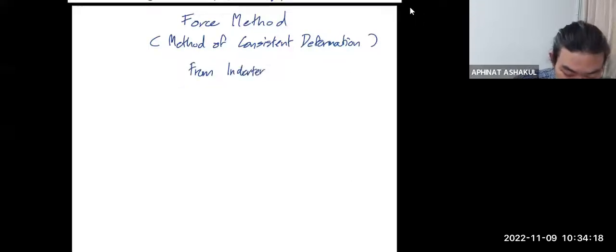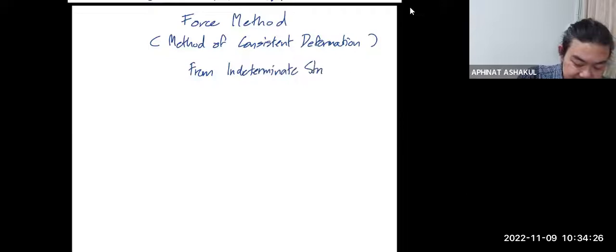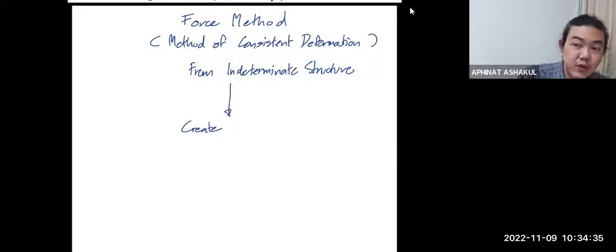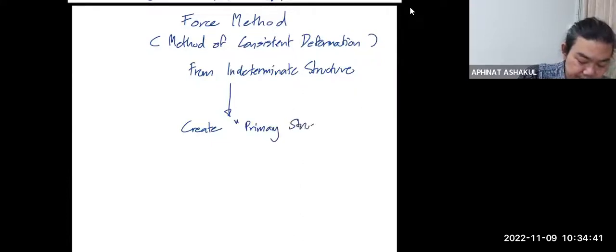Sorry, that's spelling. Indeterminate structure. First thing we do is we create what we call the primary structure, right? Now we create the primary structure how?